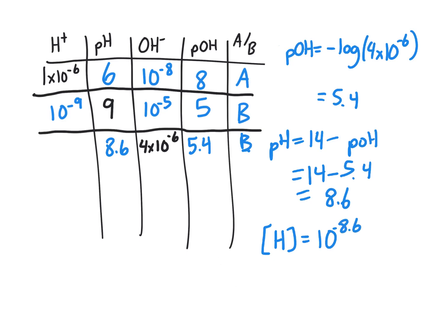Because there's a decimal in my exponent, I'm going to type that in my calculator, and I get 2.5 times 10 to the negative 9 as my concentration, my molarity of H.